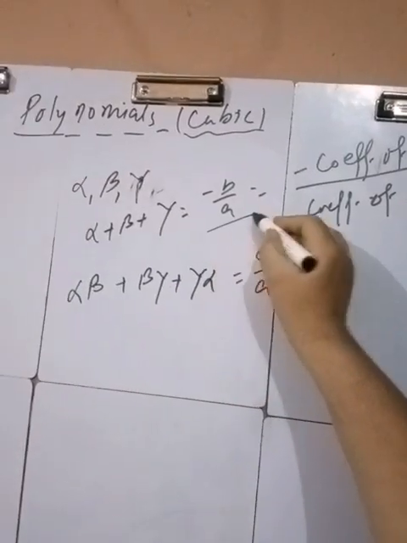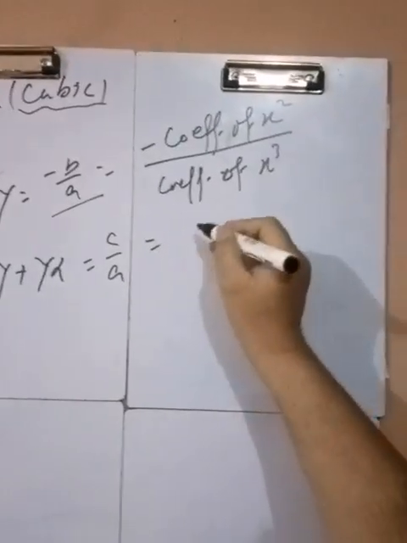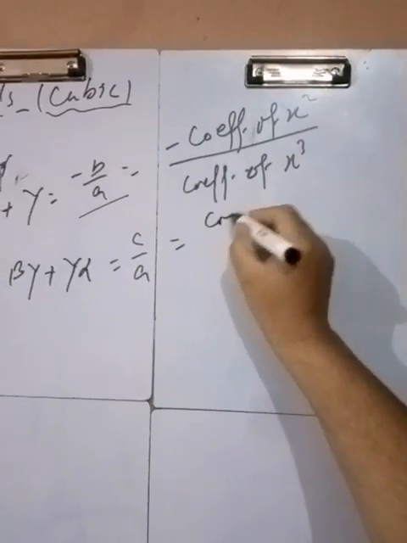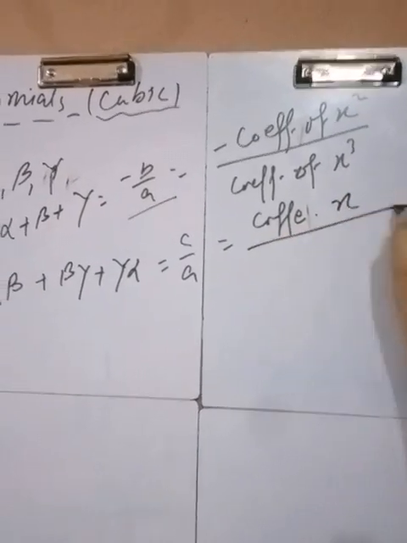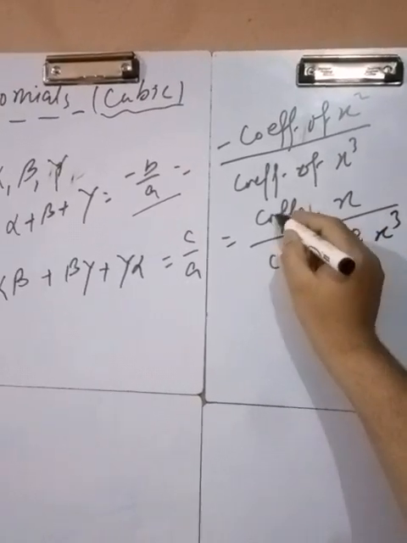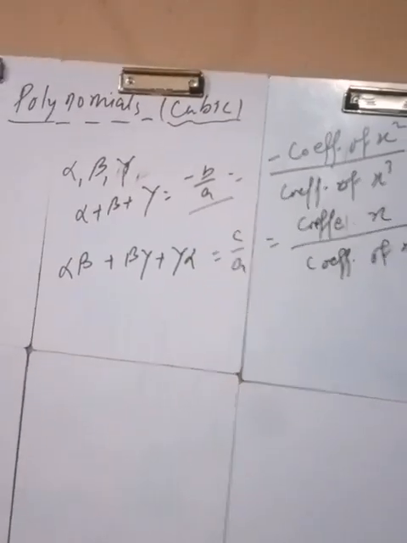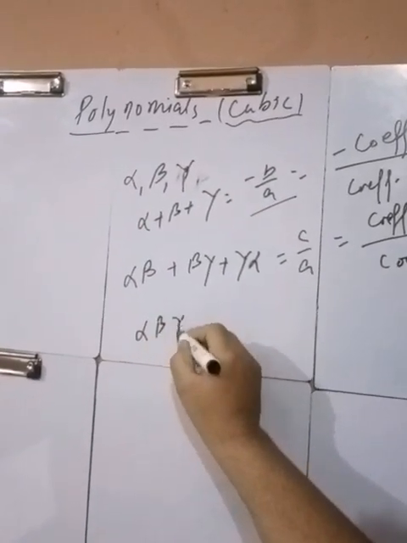You understand, in the first we took negative, in the second we took positive, which is the coefficient of x by the coefficient of x cube. And the third one was the product of the zeros, alpha beta gamma.